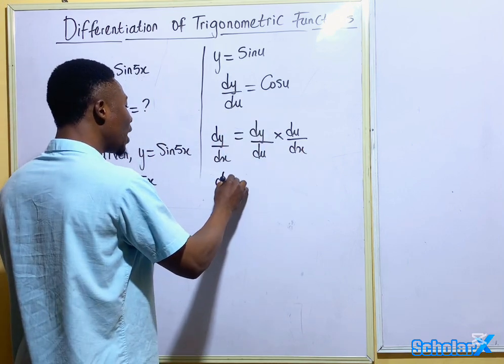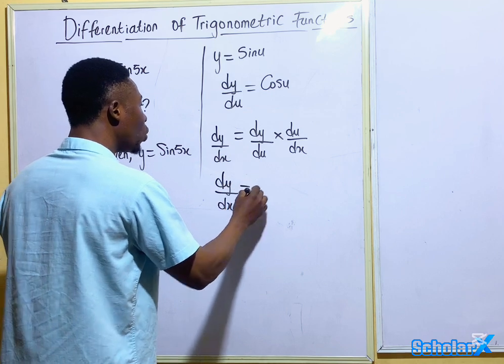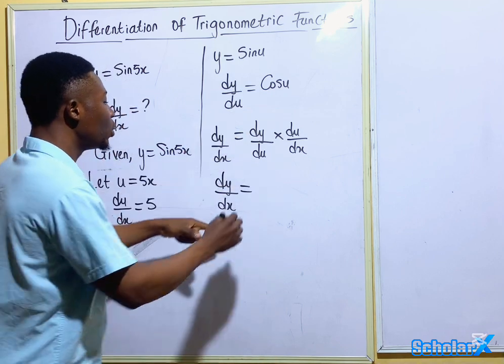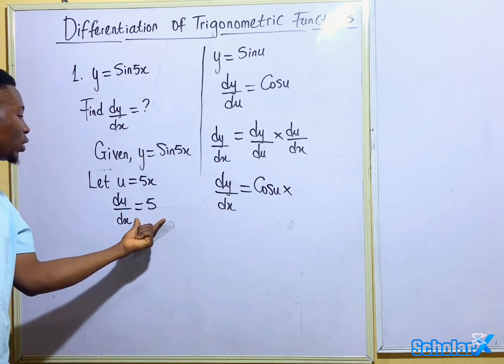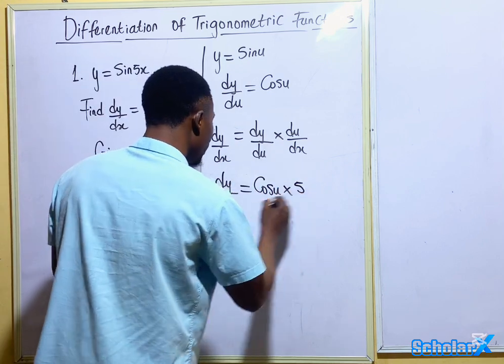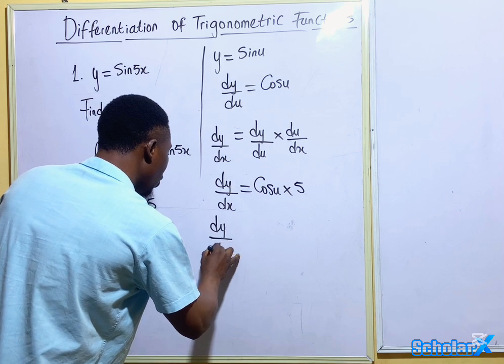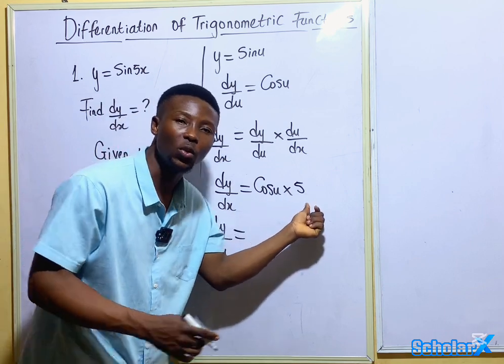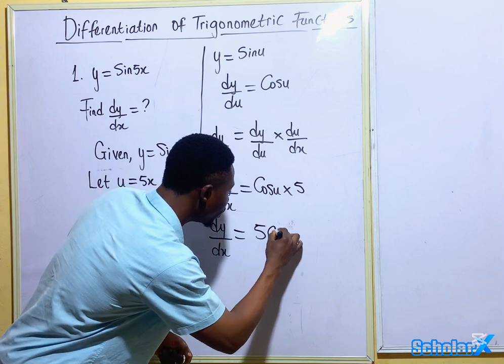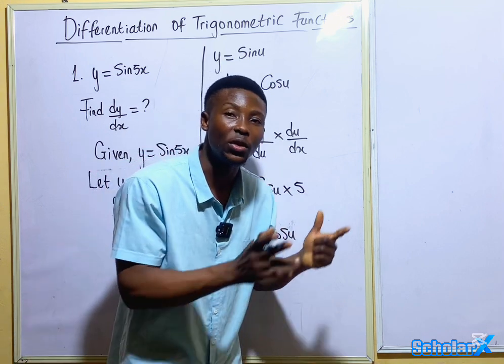So your dy/dx becomes dy/du. What is dy/du? That is cos u multiplied by your du/dx. Your du/dx here is 5. So your dy/dx becomes this multiplied by this, which gives us 5 cos u.